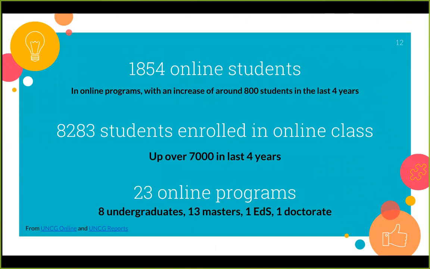We have over 8,000 students enrolled in online classes, including face-to-face and online students, which is up over 7,000 in the last 4 years. And we have 23 online programs, with most of them being master's level or higher. Those are all good things to keep in mind.